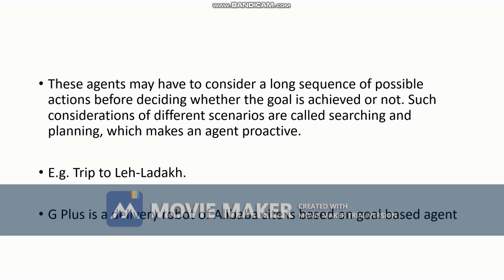Take for example a trip to Leh Ladakh. Suppose you want to go from Delhi to Leh Ladakh. In this scenario, suppose you are using a goal-based agent, so the goal is already there: Leh Ladakh. Now, what can come under searching? You can search the various routes that lead to Leh Ladakh. Then you can search the hotels where you will be staying.